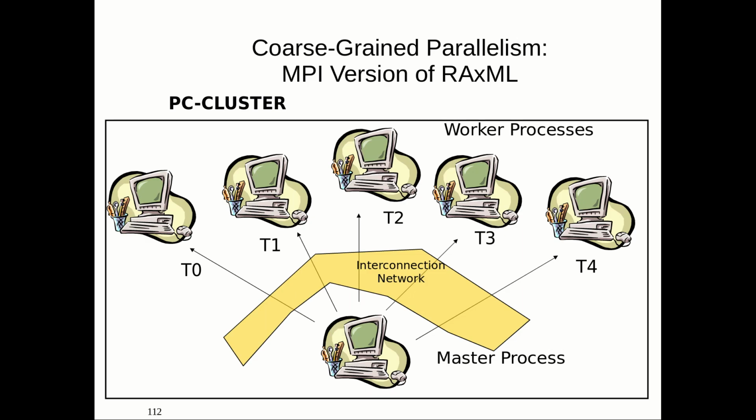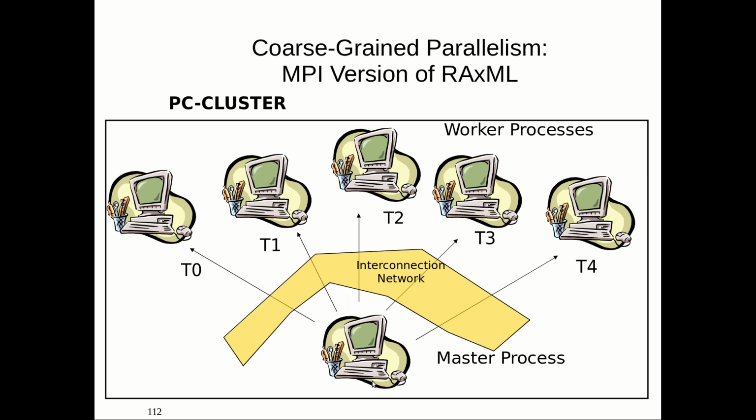A typical example for this embarrassing or coarse-grained parallelism is the MPI version of RAxML or RAxML-NG, where, for instance, you just do distinct maximum likelihood tree searches that start on different starting trees. You have a master process that is orchestrating those computations.